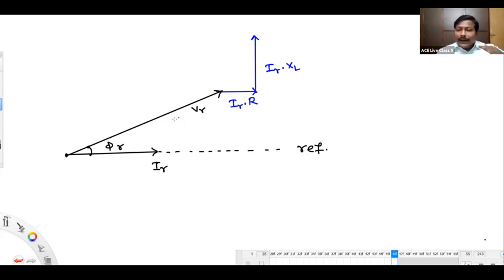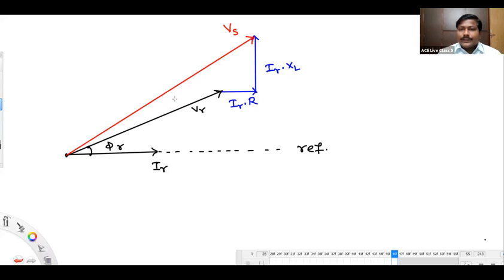Now we have to take up this VR, IR into R, IR into XL, summation. That summation will give you the sending end voltage.